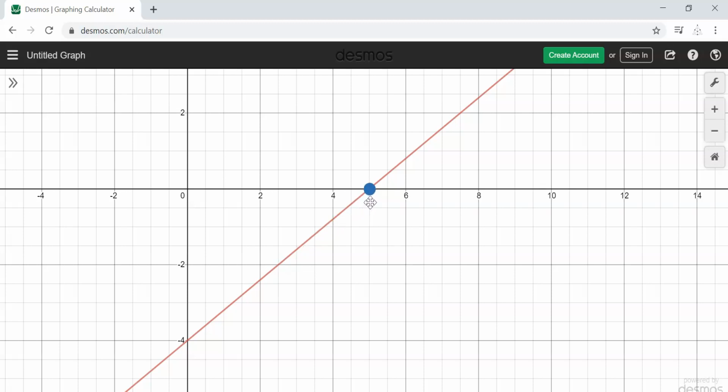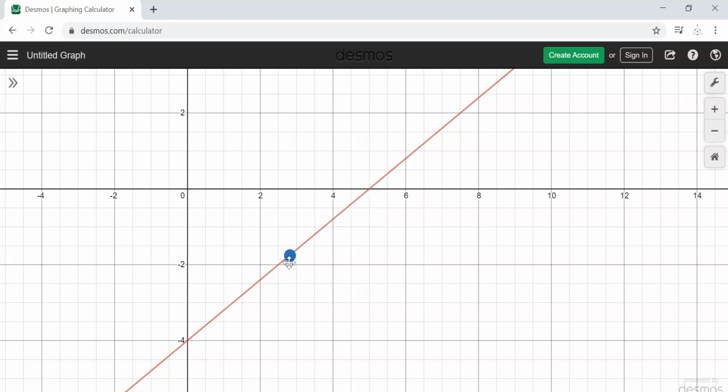That looks like (5, 0). Well, what we did is we went up 4 units and over 5 units. So I know that the slope of this line, going up 4 over 5, is 4/5, right? It's the fraction 4/5.